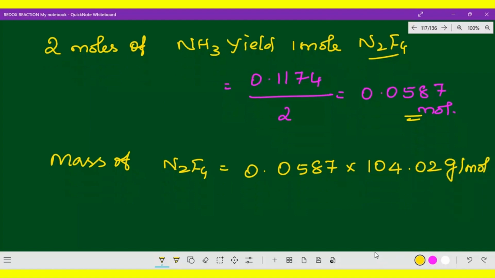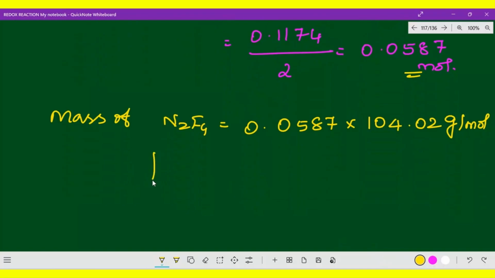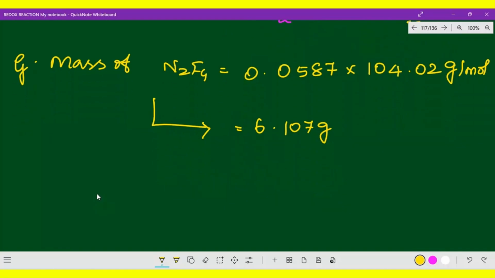So you will get 6.107 gram, that is the given mass. This is the theoretical yield.